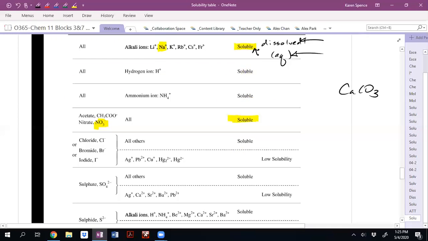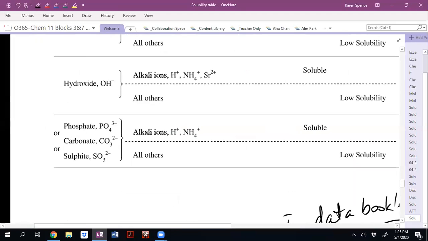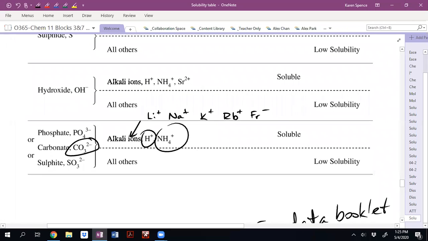And so if we were to look up carbonate, for example, here's carbonate. Unless it's with your alkali ions, which are lithium, sodium, potassium, rubidium, francium, or H or NH4. If it's with any of those, it is soluble. However, calcium is not an alkali.